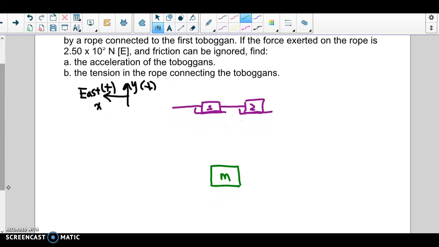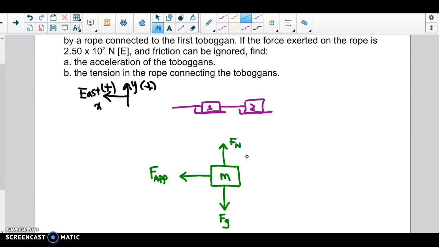Because this is a frictionless surface, which is awfully nice, there's no friction. So the only force acting in the x direction is this force here, which is my applied force. There's obviously gravity, which will be acting on both toboggans, and a normal force pushing them up. Since there's no acceleration in the vertical direction, and I'm not asked to find the force of gravity or the normal force, I'm not going to write Newton's second law in the vertical direction.